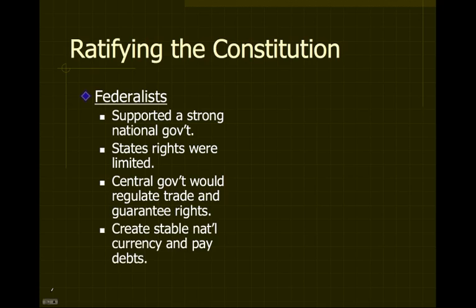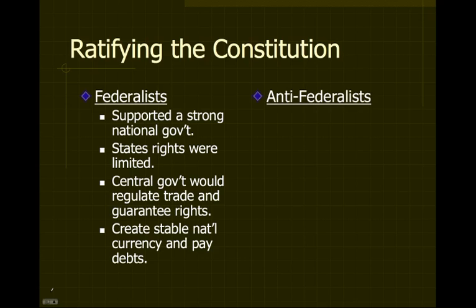And finally, the Federalists thought that we needed to create a national currency. Now, that was very important because individual state currencies would not produce an effective economy. And another issue with that is once we had a national currency, that would give us the opportunity to pay back the war debts that we owed other countries, but also our national citizens.